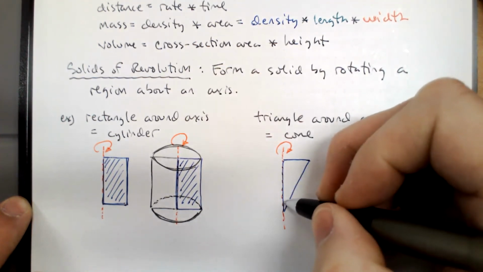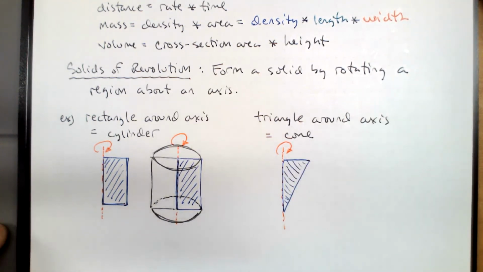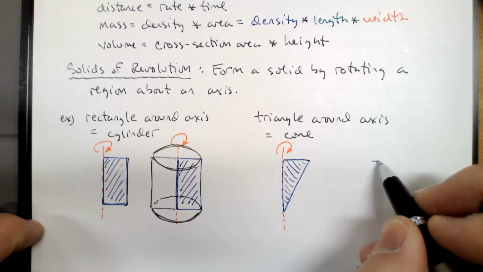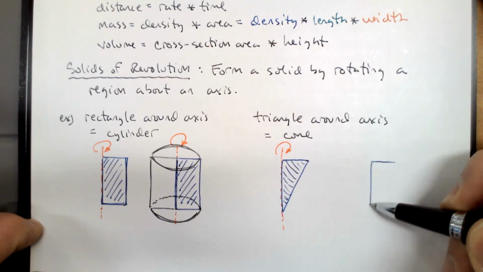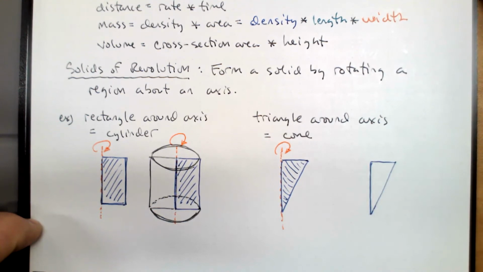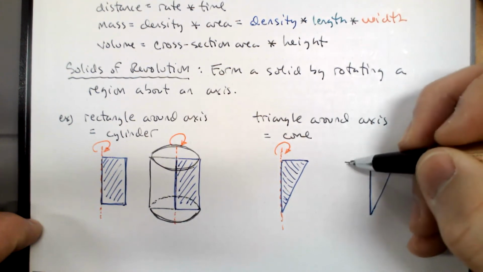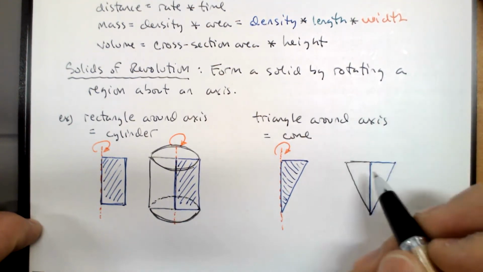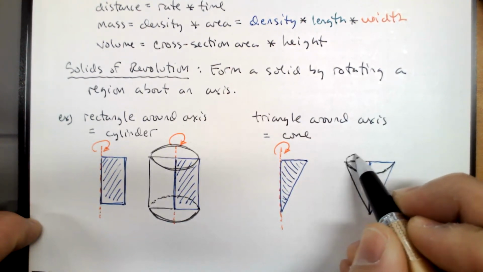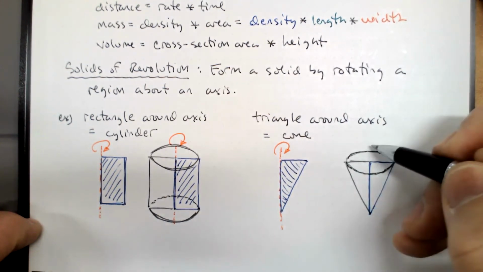Take this triangle and we rotate it around an axis. We'll get a cone.